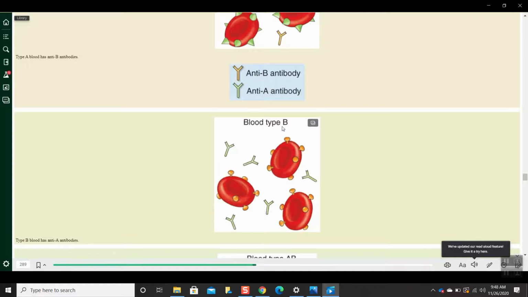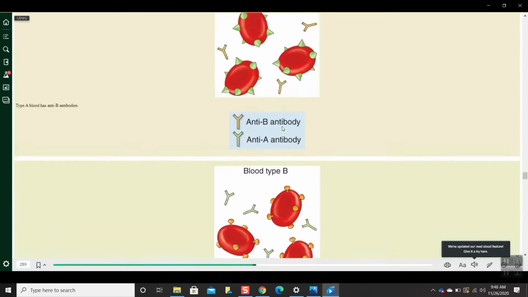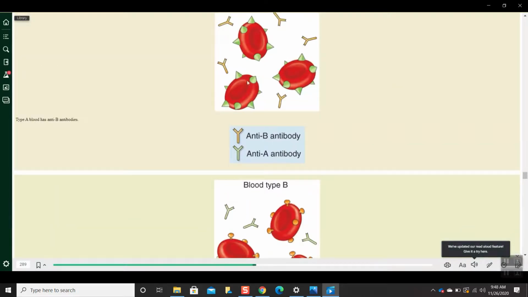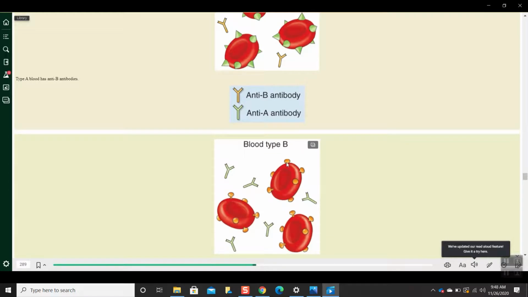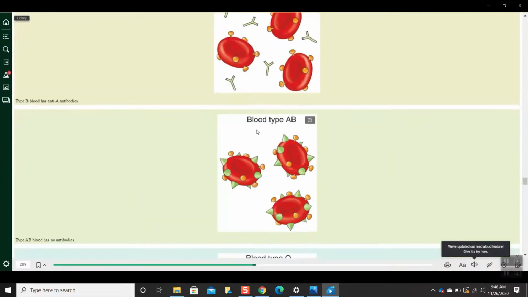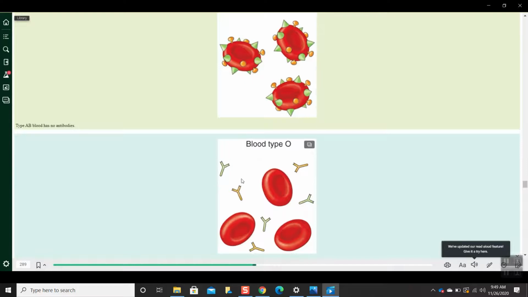Type B blood has A antibodies. So you can see that's the A antigen, that's the B antibody. That is the B antigen, that's the A antibody.